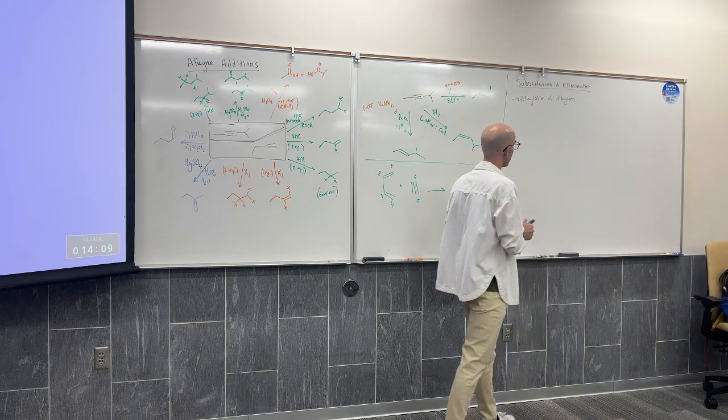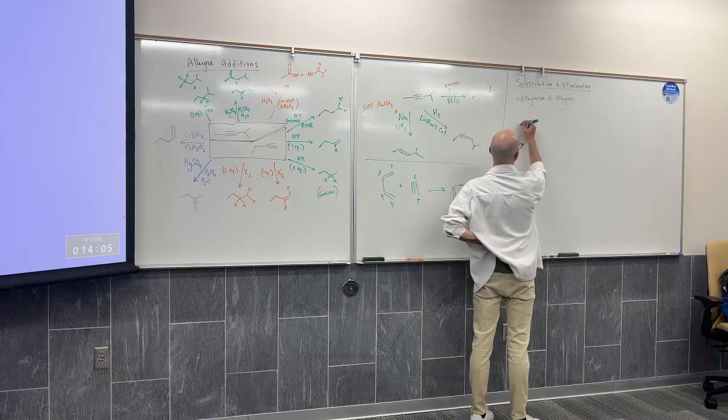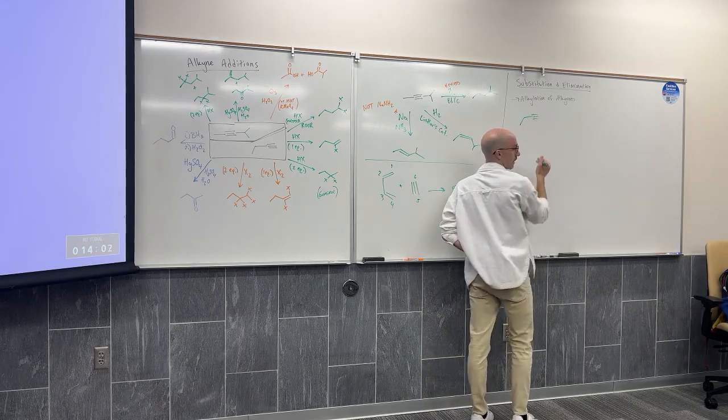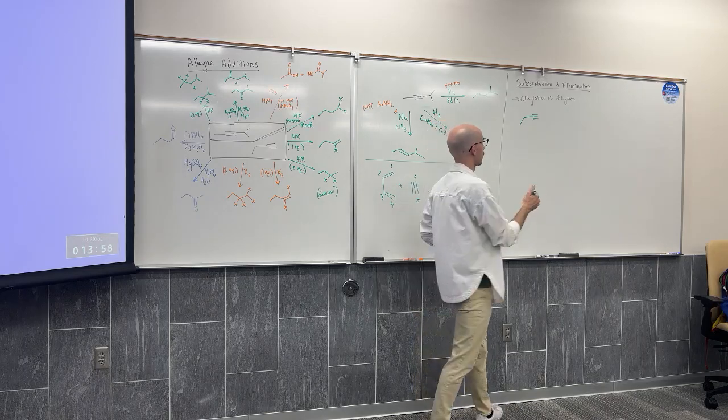So the process of alkylating an alkyne actually starts by having a terminal alkyne and turning it into a nucleophile.